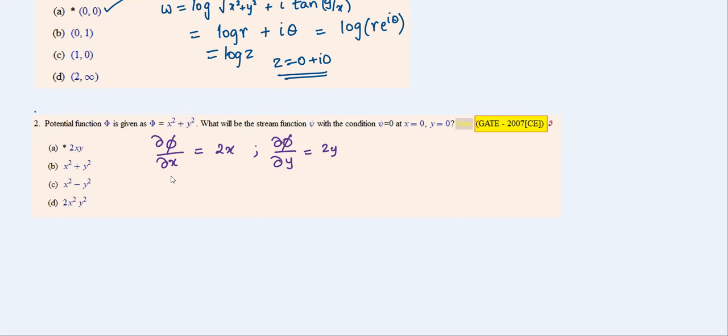Okay, I don't remember the fluid mechanics part. It's more a question on fluid mechanics, potential and stream function.